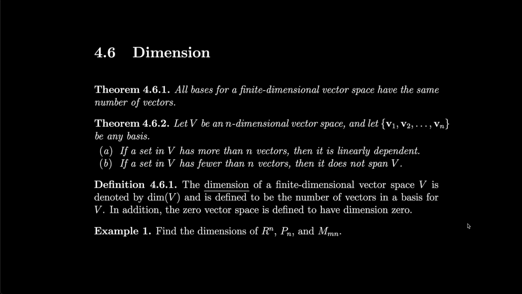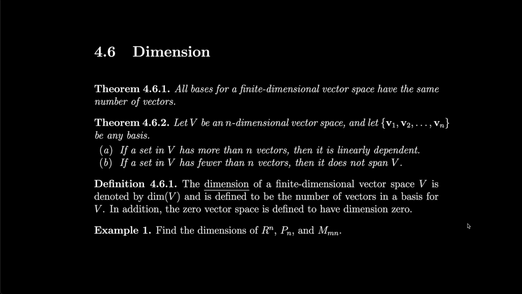As an example, how about we find the dimensions of Rn, Pn, and Mn? Well, for the dimension of Rn, we look at the number of vectors in a basis for Rn, and it should be n. For the dimension of Pn, well, remember that that's polynomials of degree n.